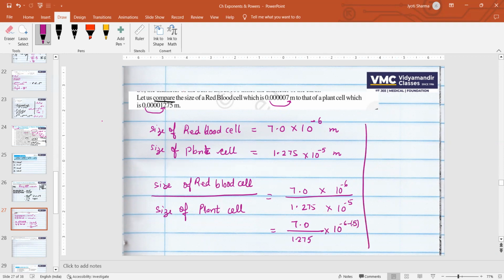This will become 7 raised to the power minus 1 upon 1.275, which will become 0.7 upon 1.275. So the question is saying it is 1.3 something, this is 0.7, 1.3, this is almost double. Again, it is approximate.